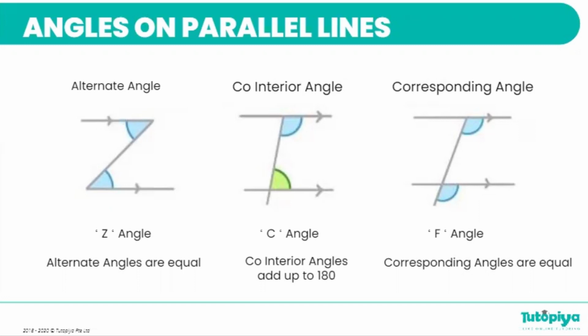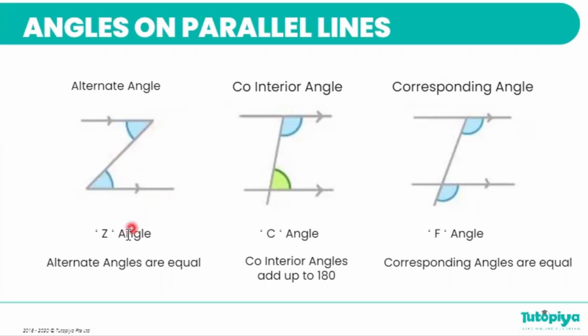When you have parallel lines, you can connect these lines using other lines, and these can form different types of angles. The first angle that we're going to be looking at is our alternate angle. When we form alternate angles, we are connecting two separate parallel lines with a line in between them, and this forms a Z shape.